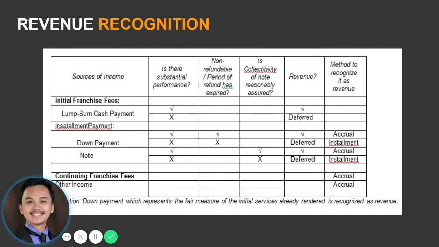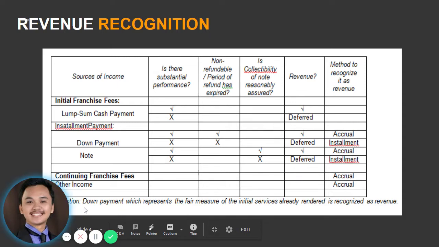Again, in installment accounting, as we discussed in the previous discussion, we will only recognize gross profit when there is cash collection. So these are the important points that we need to remember in accounting for initial franchise fees. We will use these details later on as we go through the problems. Your continuing franchise fees and other income will be accounted for on accrual basis, so the moment we have earned them, we recognize them as income.